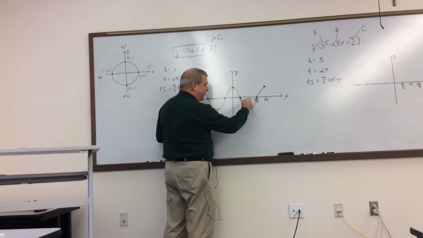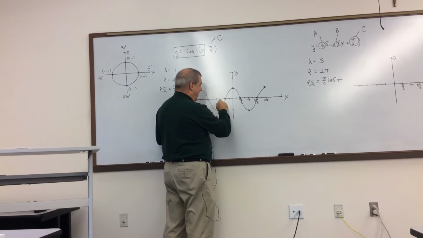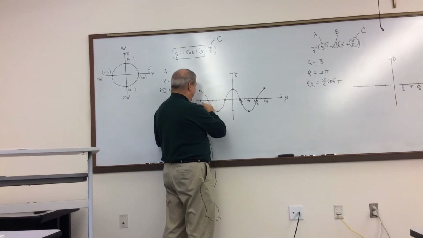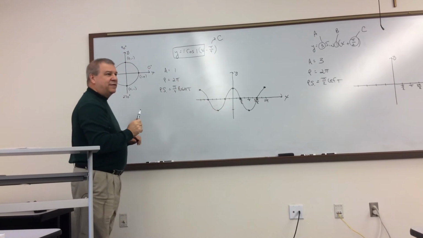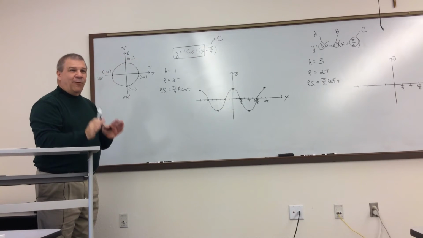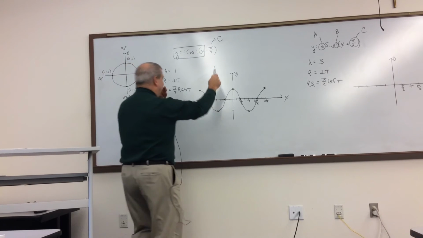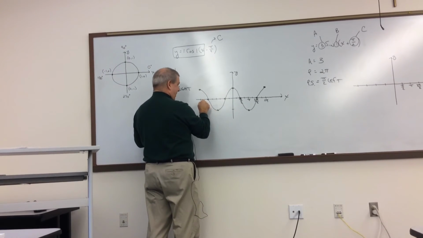So everybody, go ahead and cut them all in half. Just cut them in half. Okay, now what's the phase shift? 45 degrees to the right. So all I'm going to do, now I cut these in half.